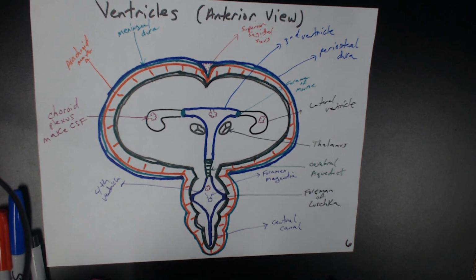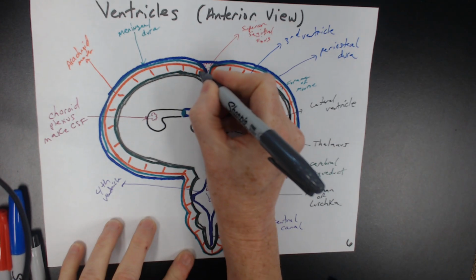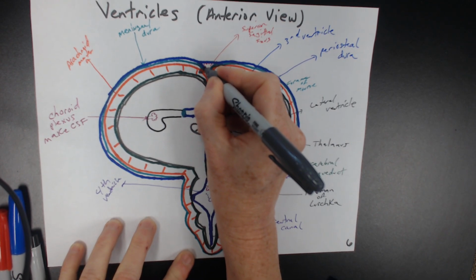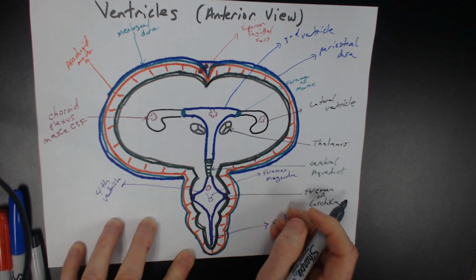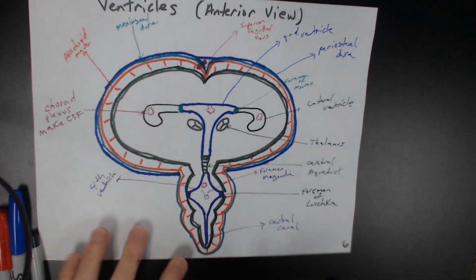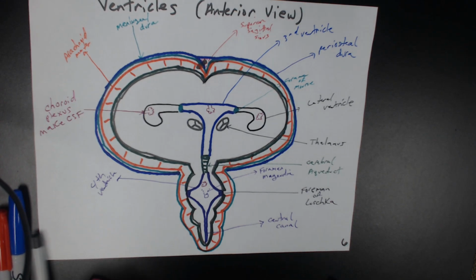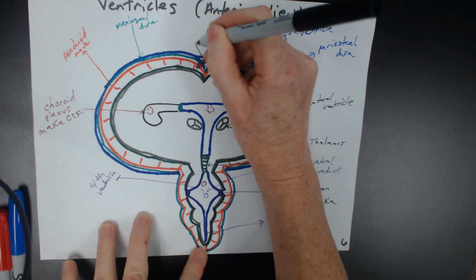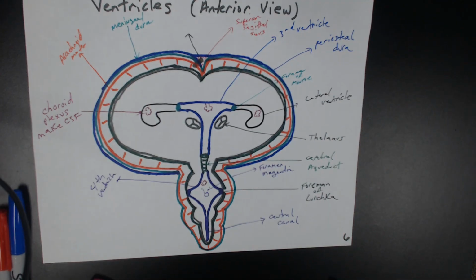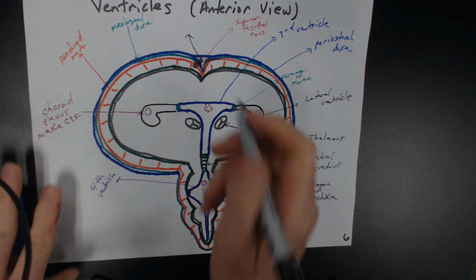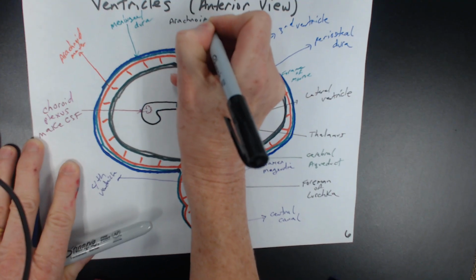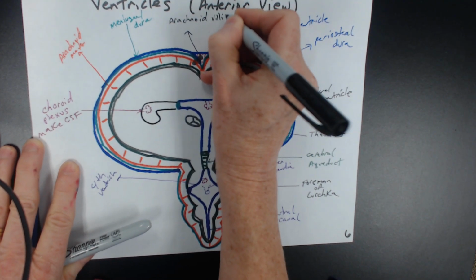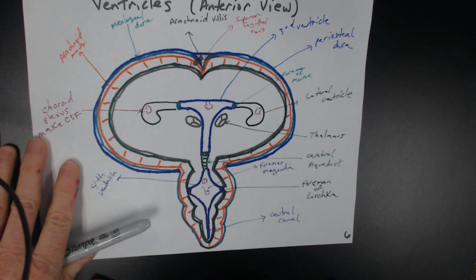When it drains into the superior sagittal sinus, coming out of the subarachnoid space and entering the superior sagittal sinus is something known as an arachnoid villus. An arachnoid villus is nothing more than something that drains the CSF from the subarachnoid space. So that's your arachnoid villus, V-I-L-L-I-S. Villi is plural, villus is one.